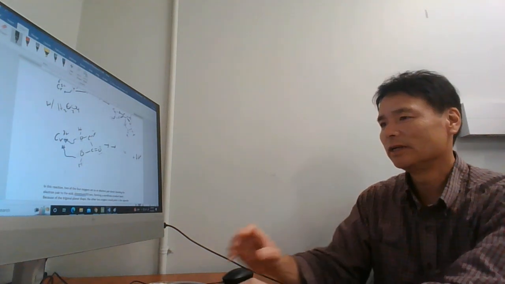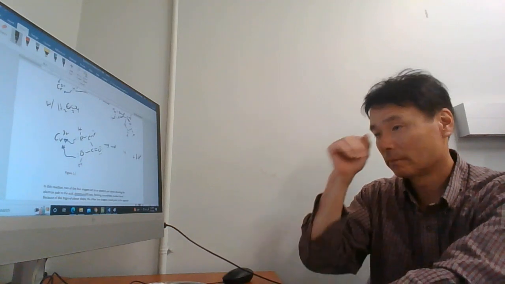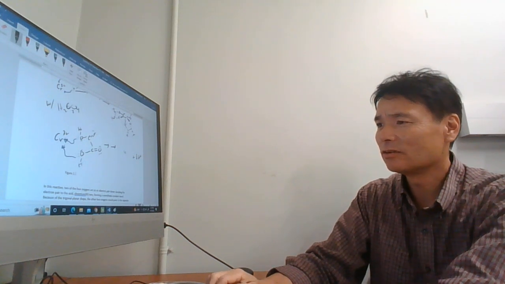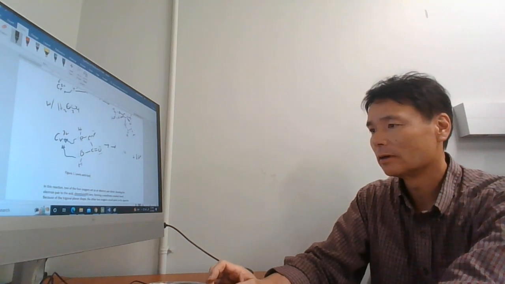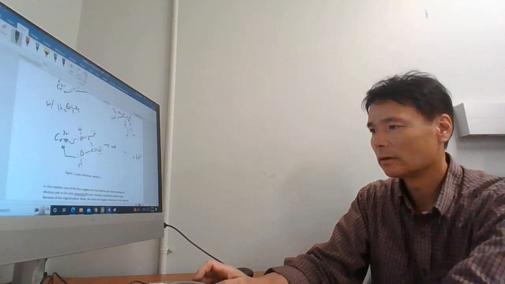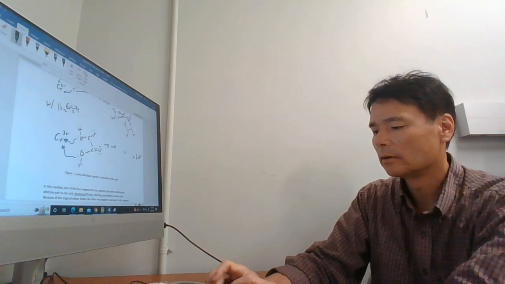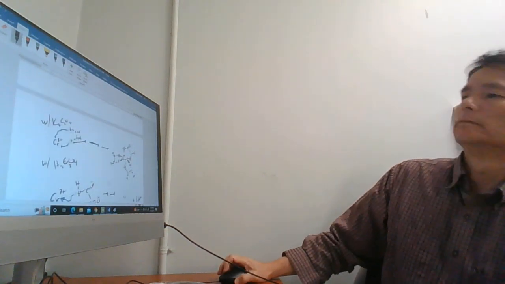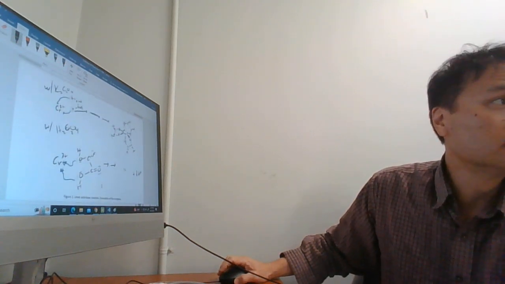We need figure 2 here. We can call it chelation or formation of the complex or Lewis acid-base reaction.